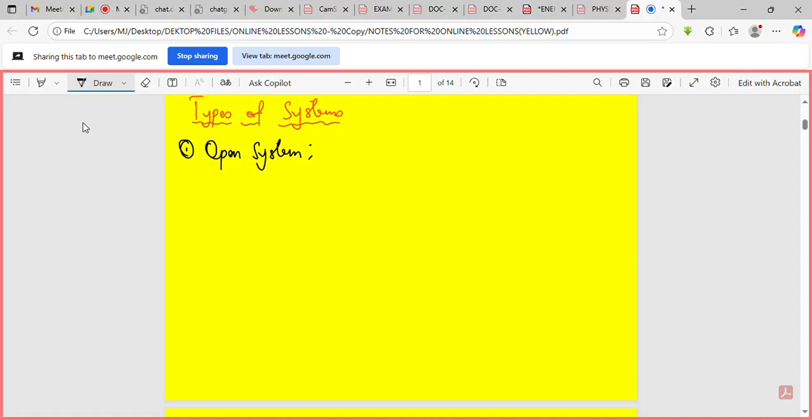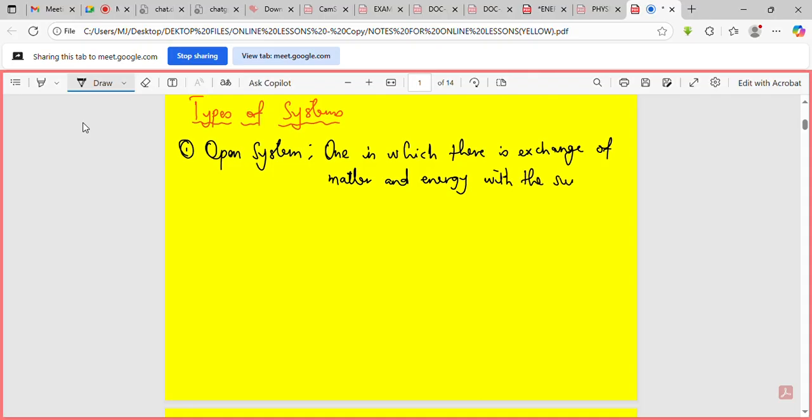An open system is one in which there is exchange of matter and energy, or sometimes you see heat, it is the same thing, with the surroundings.